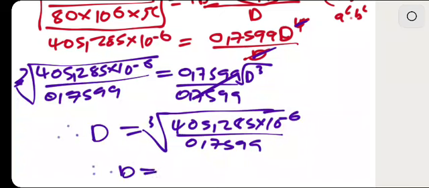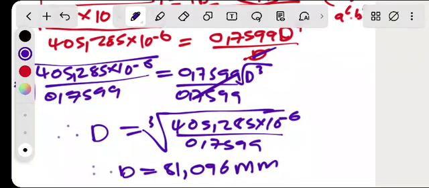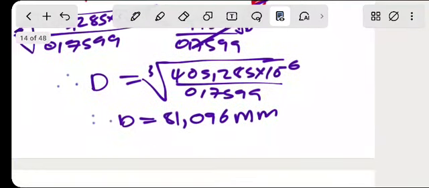Let me punch this. This will be 0.96. Then you multiply. Already I've multiplied this by 1000. This is in millimeter, by the way. My final answer, I multiply that by 1000.